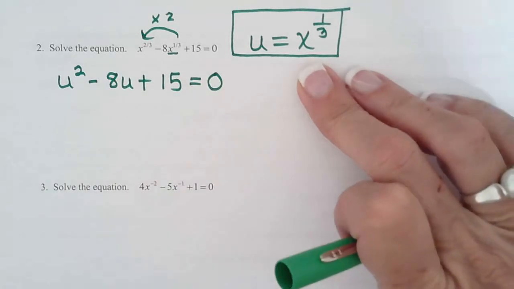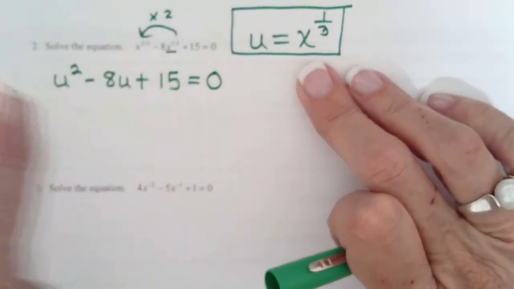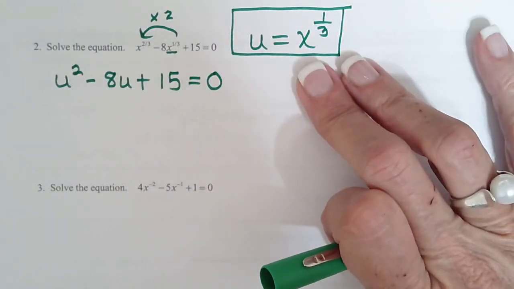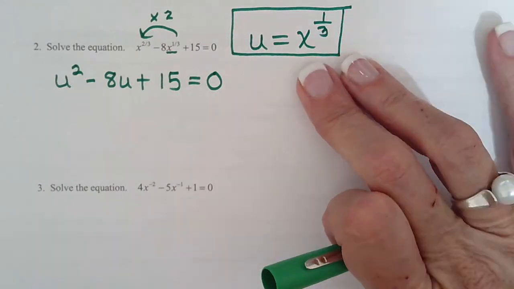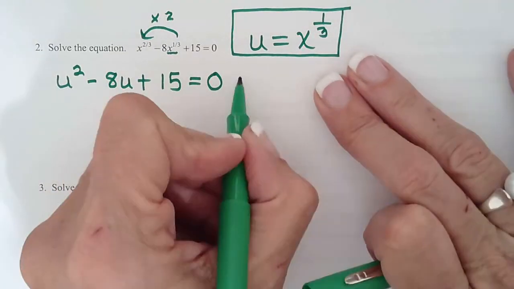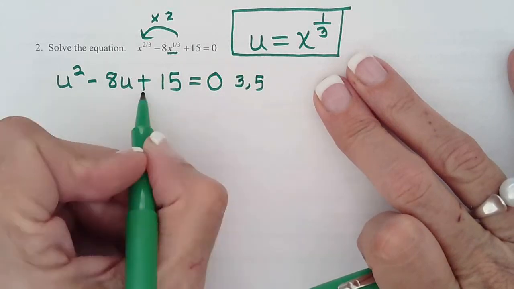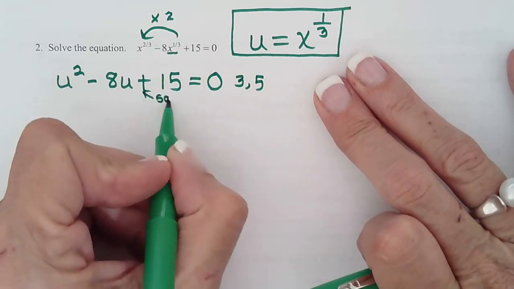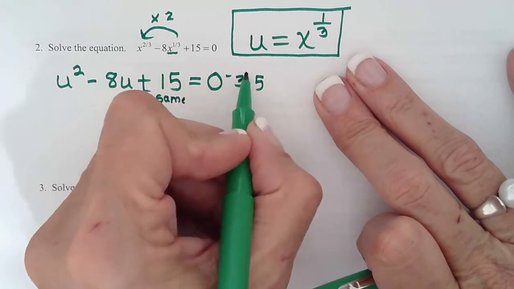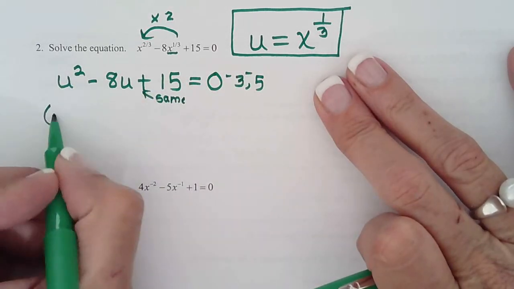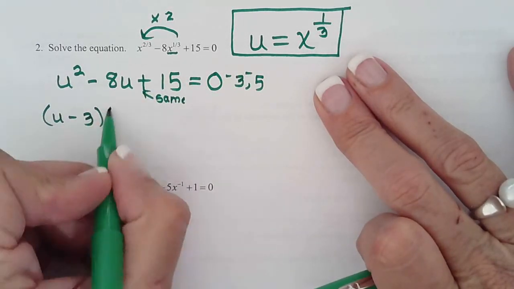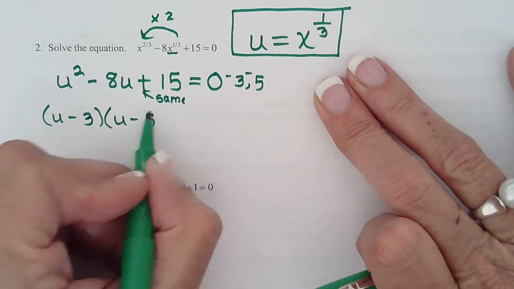And this is why I love this section. I just took this ugly problem and look how pretty this one is. Double bubble. Factors of 15 that add to 8 are 3 and 5. Signs same, both negative. So remember, that always means same. So we can go straight to the bubbles. u minus 3, u minus 5 equals 0.